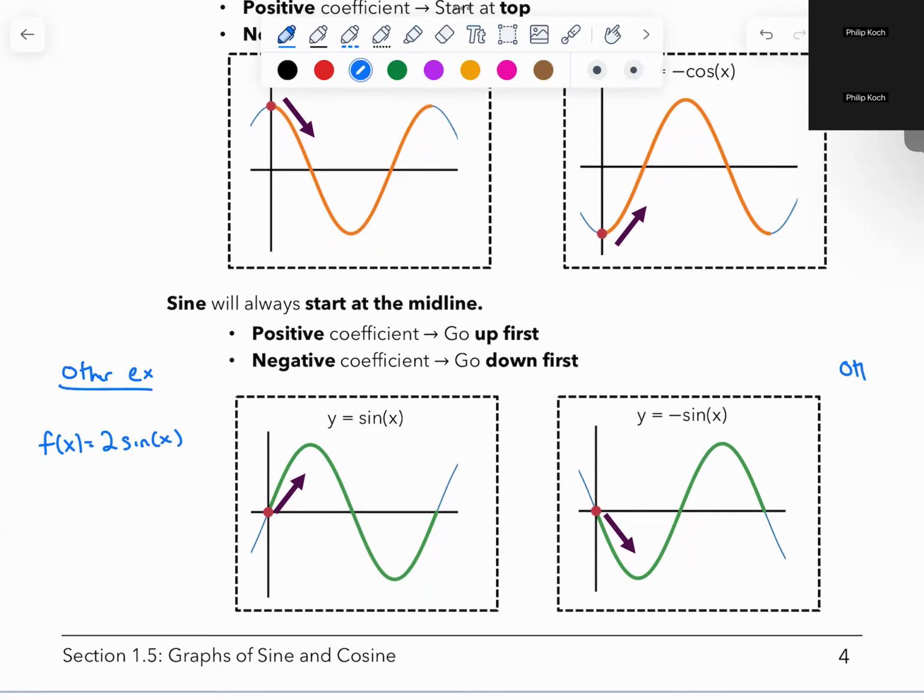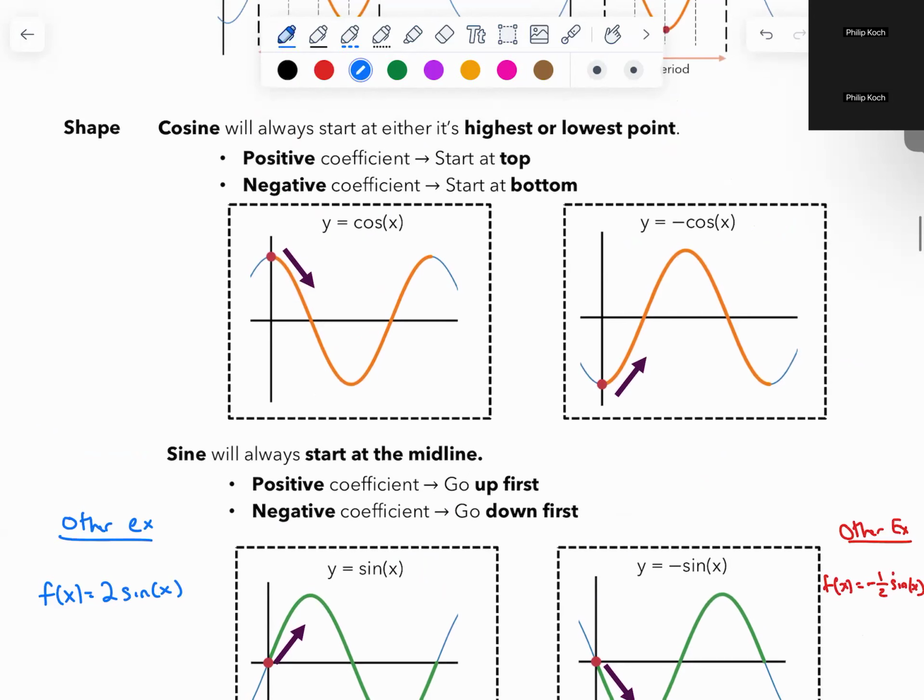And another example here, I'll use red, would be like f of x equals negative 1/2 sine of x. So with negative ones, they start at the midline and go down, then back up, and then back down to the midline.